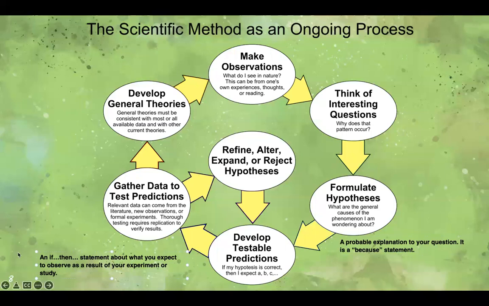Now, the last part here says develop general theories. This is really important. The word theory in science is used differently than the word theory in, like, media or the general public. A theory in the scientific field is an explanation that can account for many different situations.